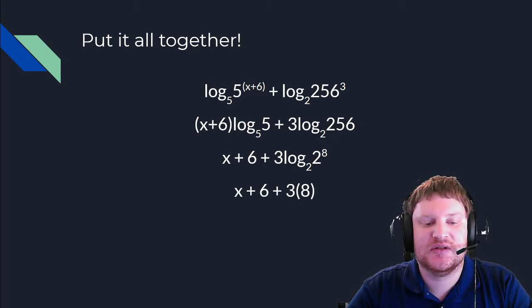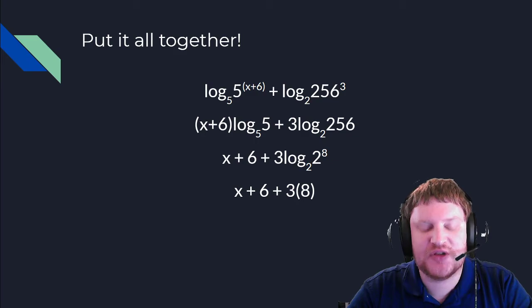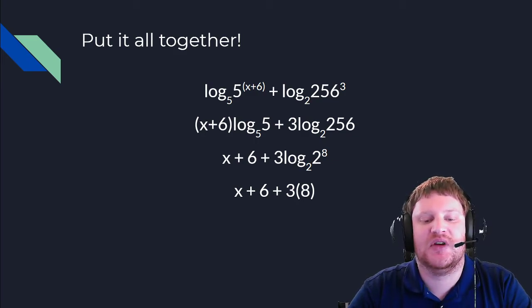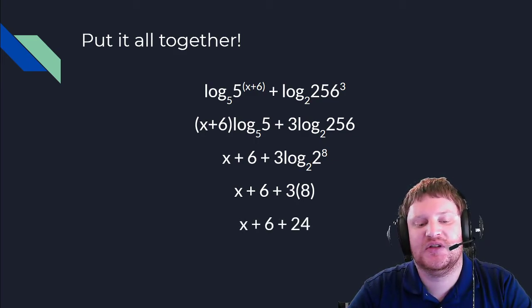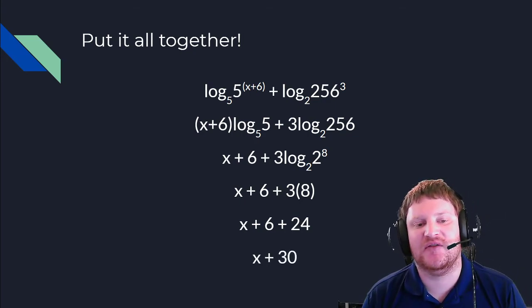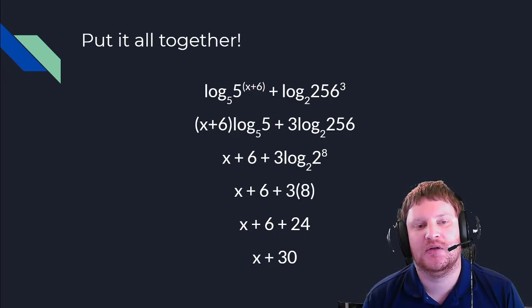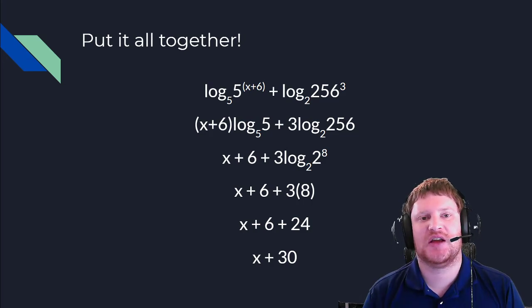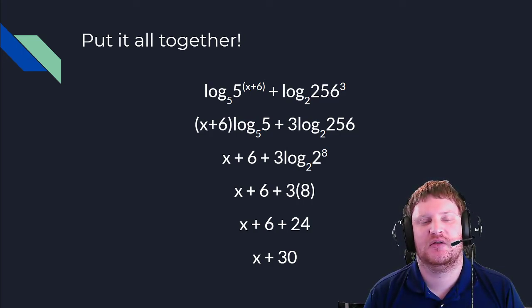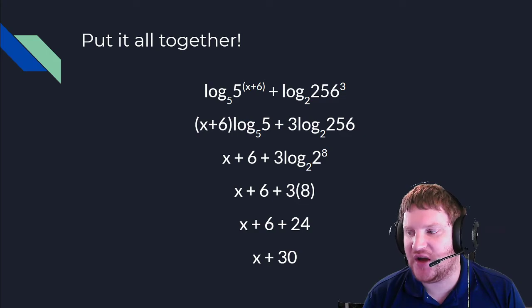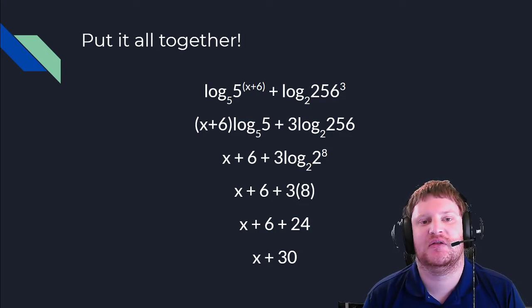We have x plus 6 plus 3 times 8. 3 times 8 is 24. 6 plus 24 is 30. So log base 5 of 5 raised to the x plus 6 power plus log base 2 of 256 to the third power is just x plus 30.